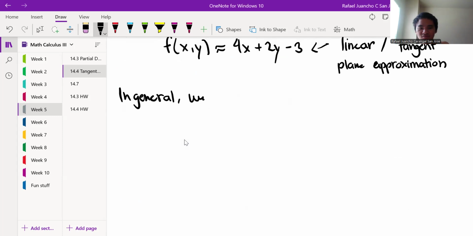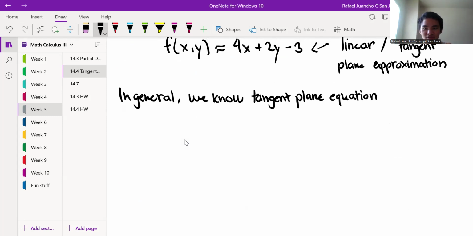So we know the tangent plane equation, and we're going to specify it at a particular point of function f of two variables.